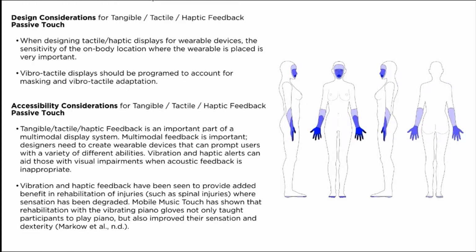And so some design considerations that have to do with this idea of passive touch, specifically when dealing with vibration, would be that vibrotactile displays should be programmed to account for masking and vibrotactile adaptations.